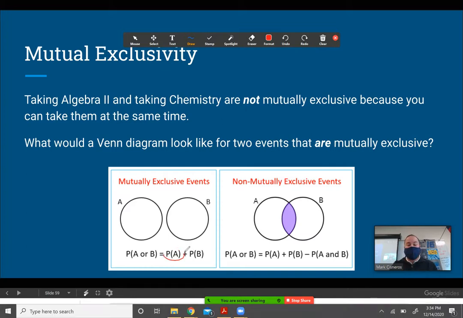So you just add their probabilities together to figure out what it is for both of them happening. However, when they are not mutually exclusive, you can't double count that middle. You can't just add A and B. You have to take out the middle. This is the middle right there. And that's why that formula looks like that. Okay. You don't need to worry about memorizing that formula because you guys are going to be doing it just by looking at the diagrams.